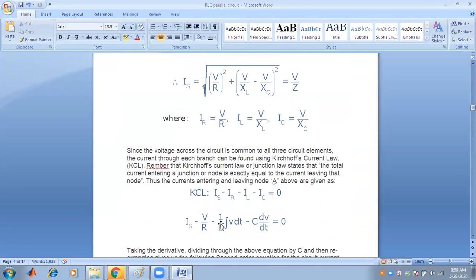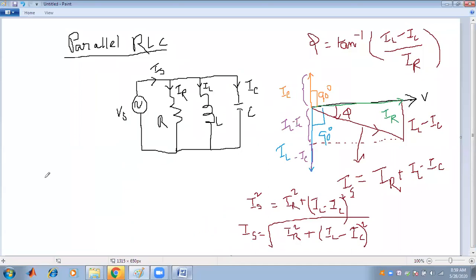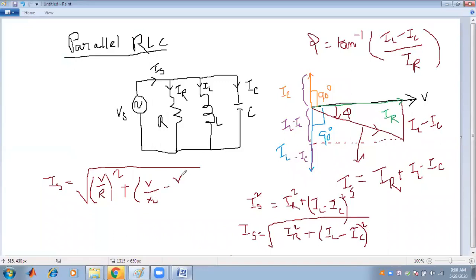So this is the total V by Z. Here IS can be written as the square root of V by R whole square plus V by XL minus V by XC whole square, where we convert L from Henry and C from Farad into ohms.